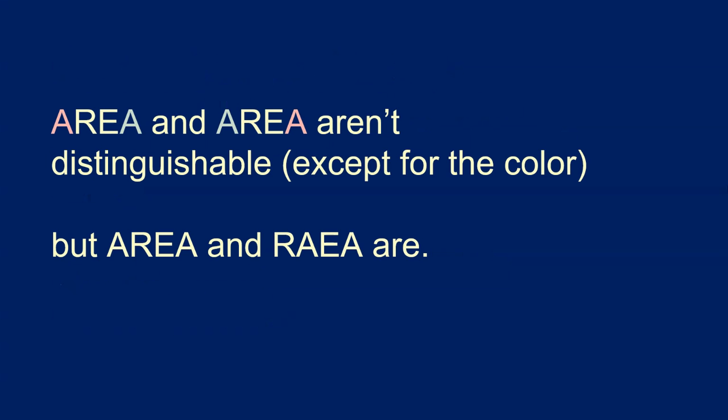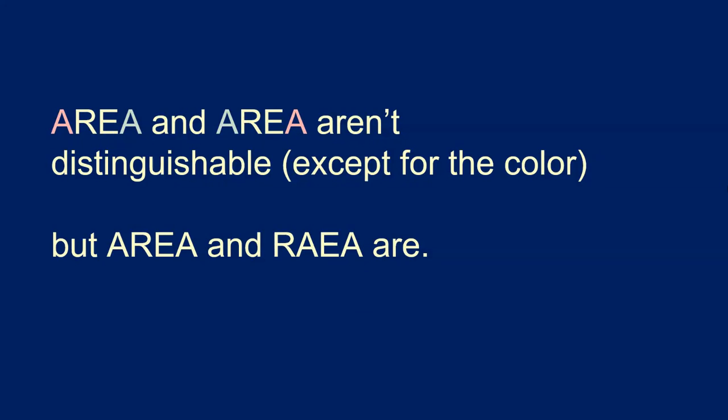So I could, for instance, think about switching around the first and last letter. The problem is that's not a distinguishable permutation. I made it stand out here by changing the color of the letters, but just thinking of them as the letter A, I don't know which A is which when I do that.